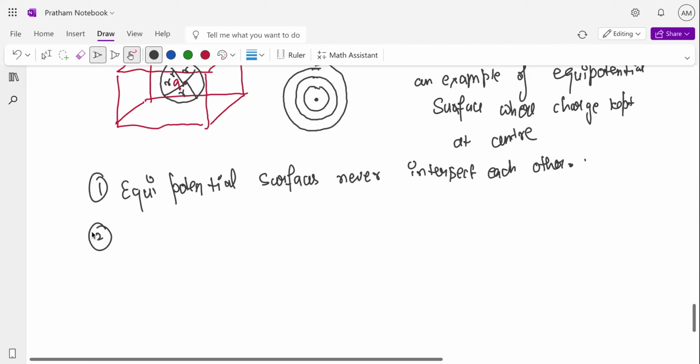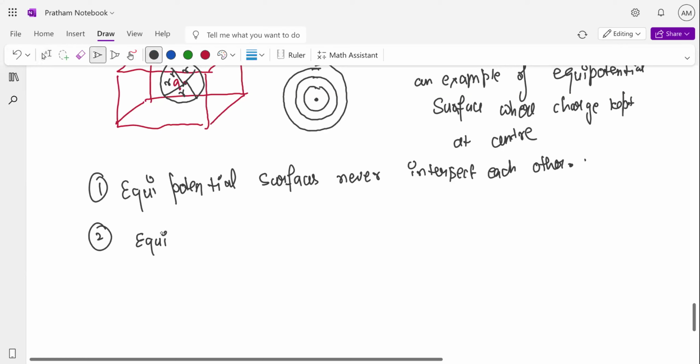Second, an equipotential surface is always perpendicular to the electric field. You can see in the example the surface is perpendicular to the electric field: the tangent to the surface at this point is perpendicular to the field. With a cube, it won't be possible to make an equipotential surface.